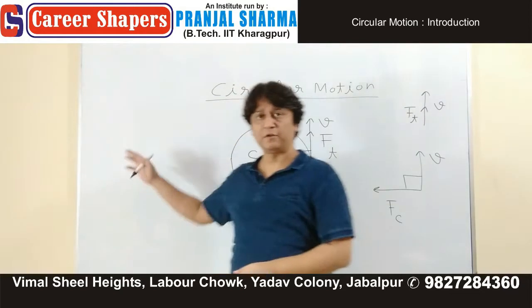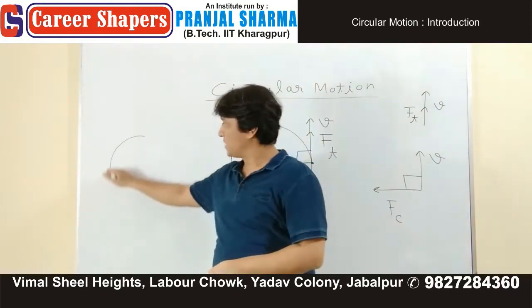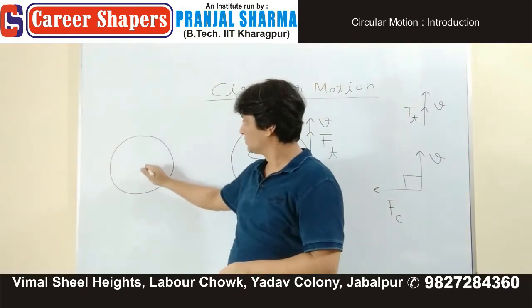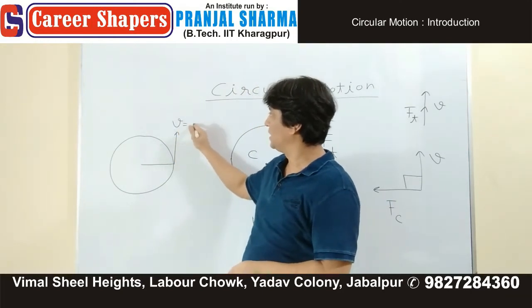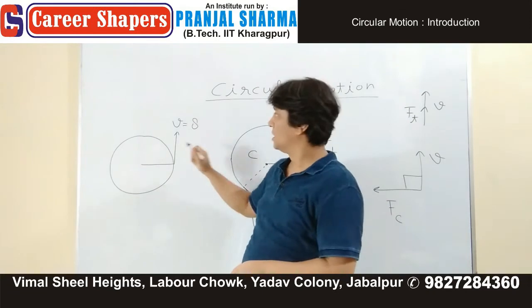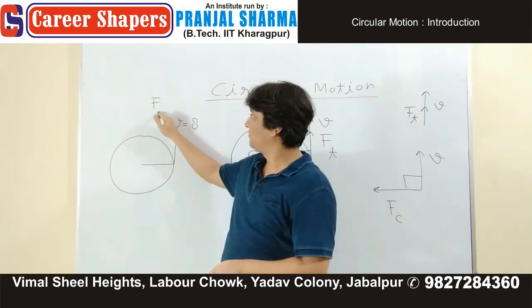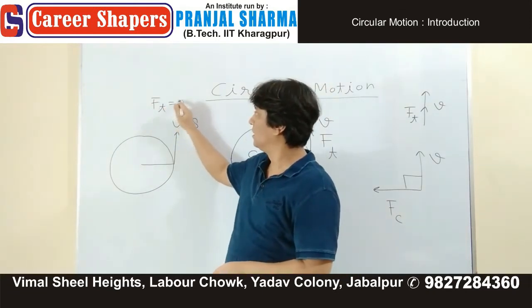You can also draw these figures. Suppose we have a setup like this. Object is moving in this direction and its V is 8. And we have been told that Ft is not present.